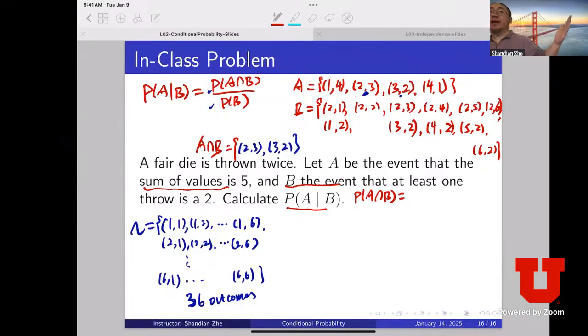Remember, it's equally likely, so the probability is just the size of the event divided by the size of the sample space. The size of A intersection with B is 2, over the size of the sample space, which is 36. So then what is the probability of B?